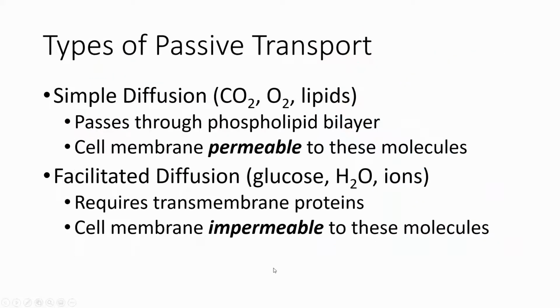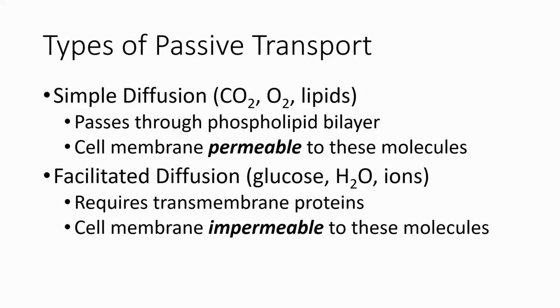All right, so there are 3 different types of passive transport. I know 2 are listed here, but that's because the third one is kind of a subset of the other 2. So these 2 types of passive transport are differentiated by whether or not the membrane is permeable to these molecules. What that means is, if a membrane is permeable to a molecule, it can move through simple diffusion.